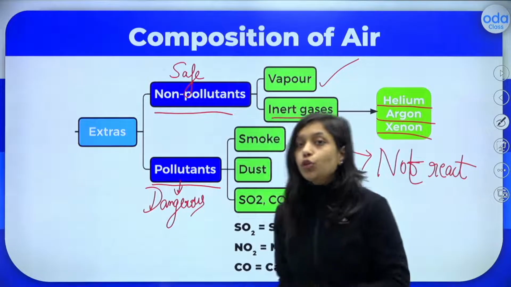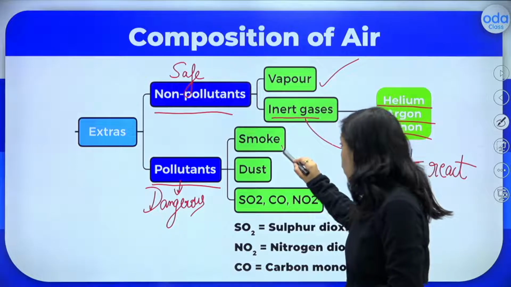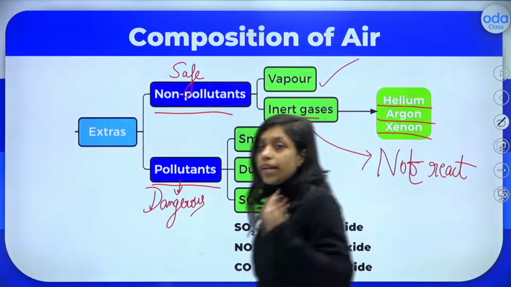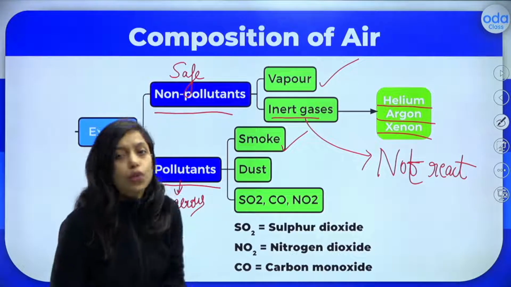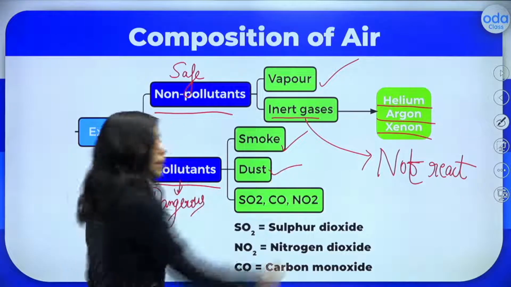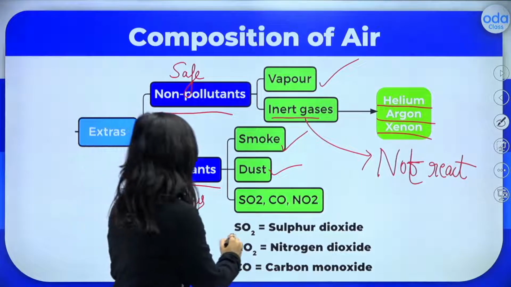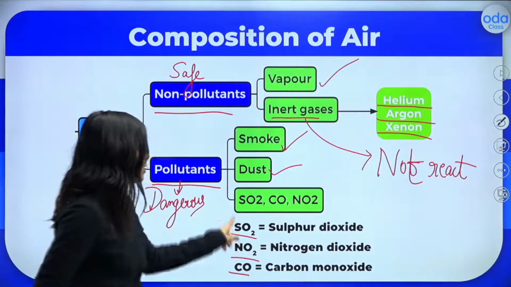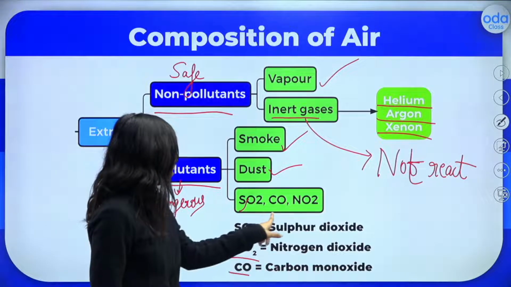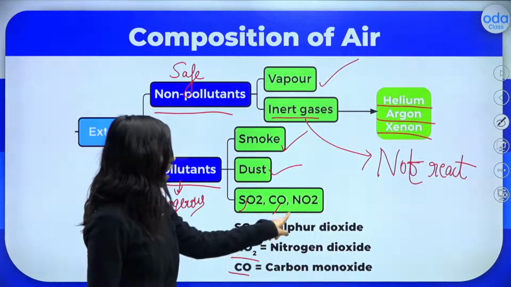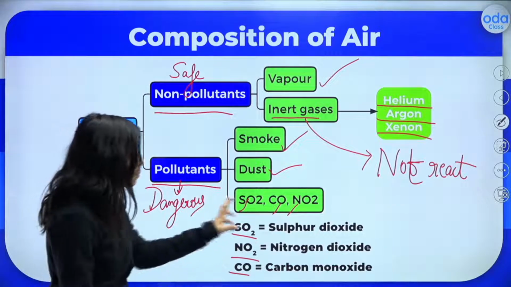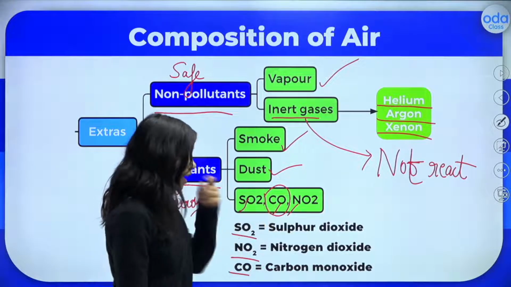Now coming to the pollutants or dangerous things, smoke is present, right? If we breathe smoke, it can cause pneumonia as well. Dust particles are present, and we have SO2, NO2, CO, that is sulfur dioxide, carbon monoxide, and nitrogen dioxide, right? Carbon monoxide is very, very dangerous actually.